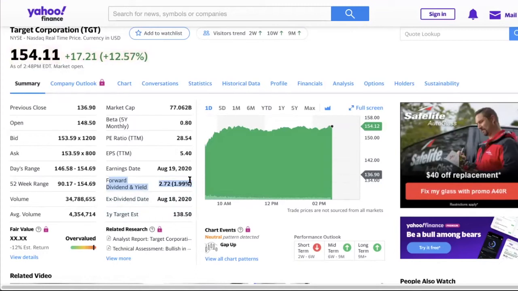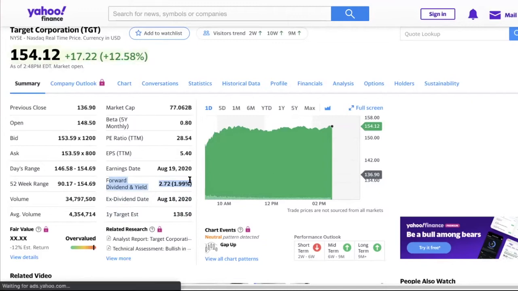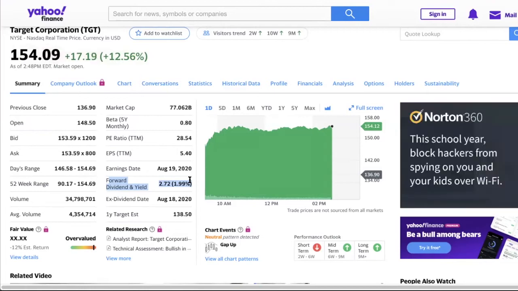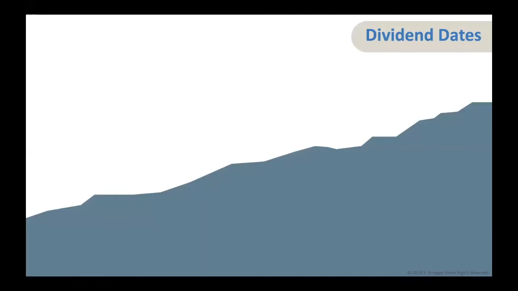That is because Apple stock costs a lot more than Target stock. Even though the dividend amount is higher, it is actually less compared to how much you need to spend on one share. If I invest the exact same amount of money in both stocks, my return will actually be higher for Target.